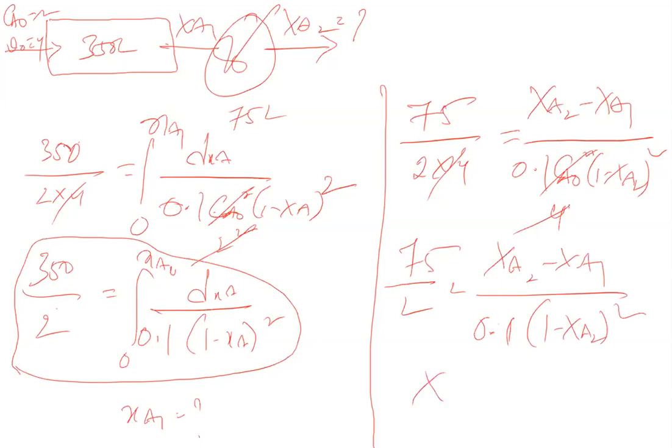So XA2 is 95.4, slightly higher than 95.